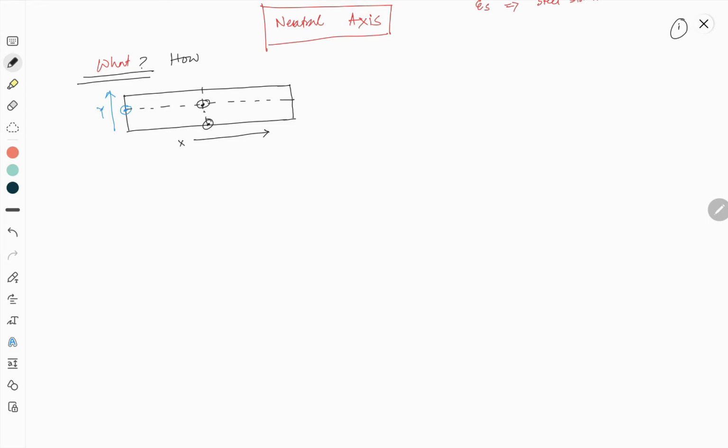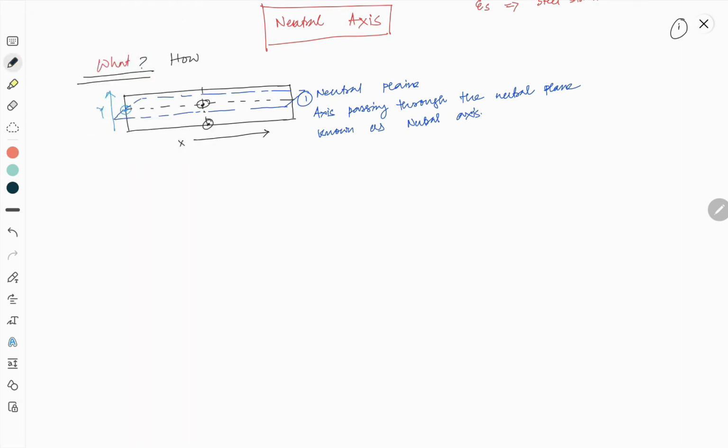So if you consider a plane on this, this plane is your neutral plane, and the axis passing through the neutral plane is known as neutral axis. So this is your neutral axis.